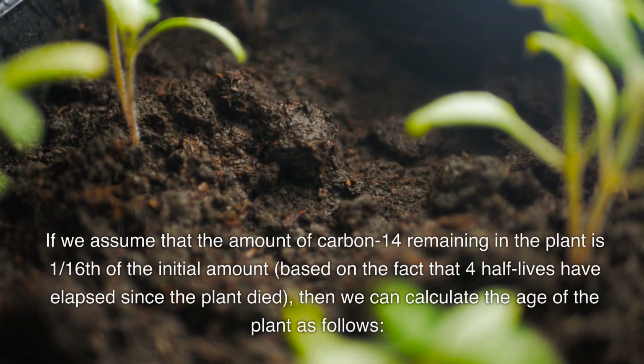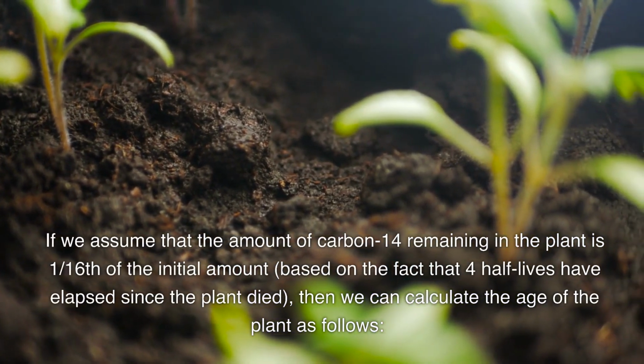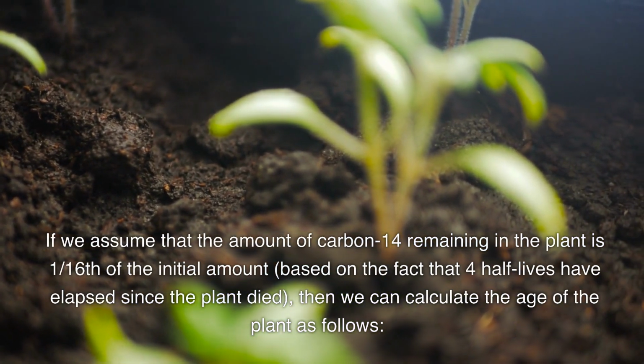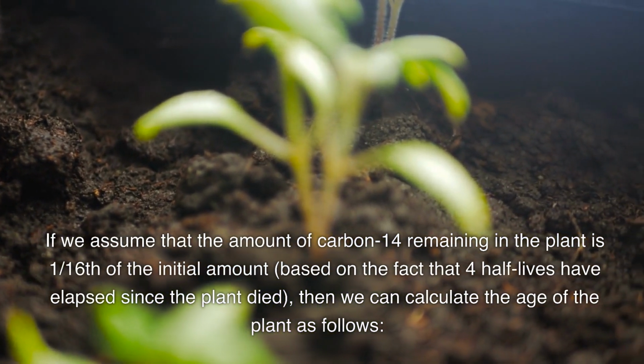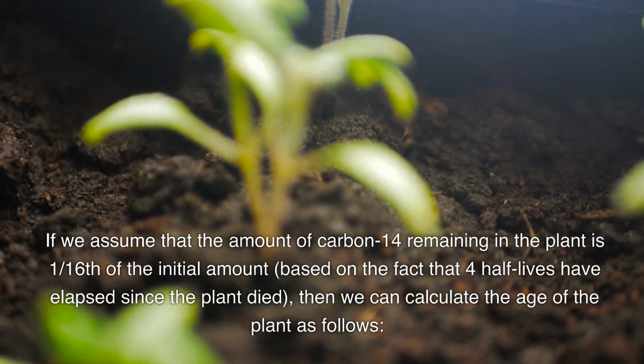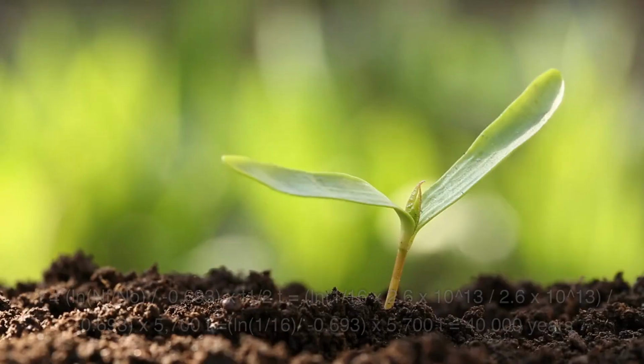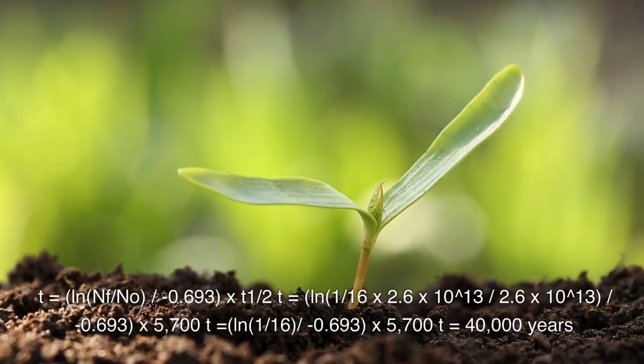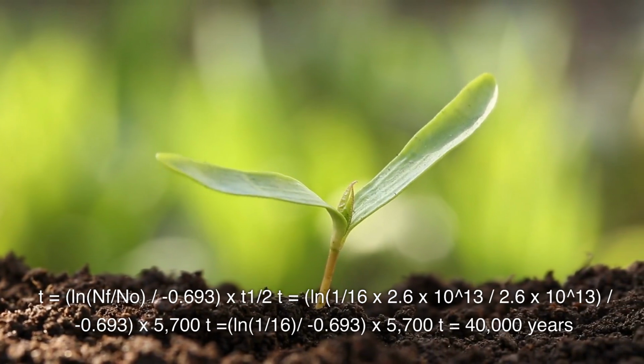If we assume that the amount of carbon-14 remaining in the plant is 1/16 of the initial amount, based on the fact that 4 half-lives have elapsed since the plant died, then we can calculate the age of the plant as follows. T equals ln(N_f/N_0) divided by minus 0.693 times T_1/2.